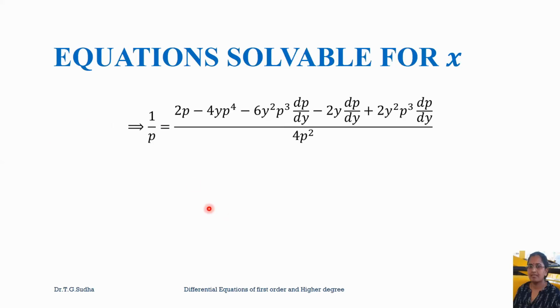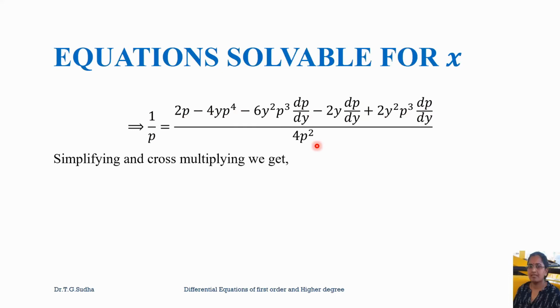So next step, we are going to substitute dx by dy as 1 by p. And here in the numerator, we expand all the terms so that we get 2p minus 4y p power 4 minus 6y square into p cube into dp by dy minus 2y into dp by dy plus 2y square into p cube into dp by dy, whole thing divided by 4p square.